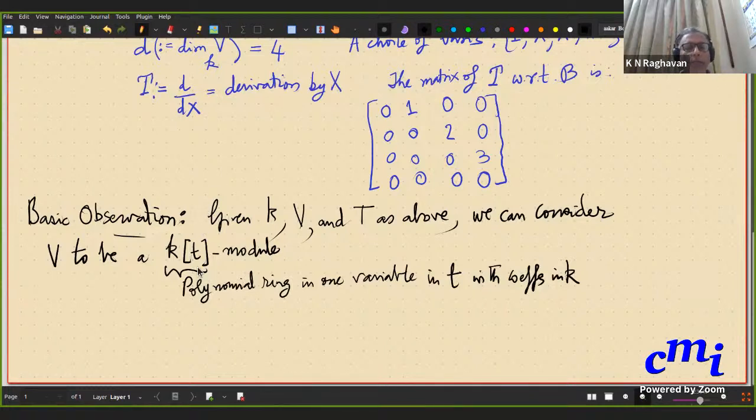I know how K already acts. Elements of K already act on V by scalar multiplication. All I have to tell you is how this T is going to act. And here is the key thing: the small t, the variable, acts as capital T.